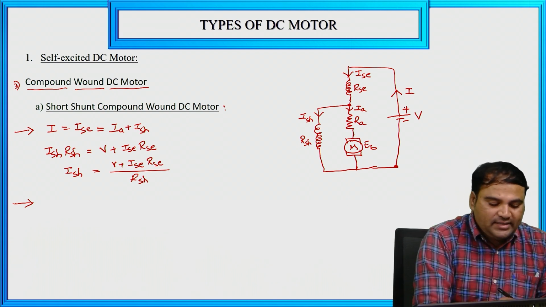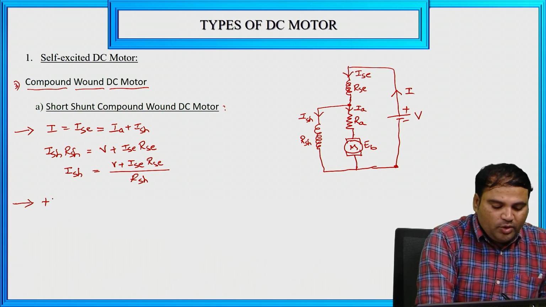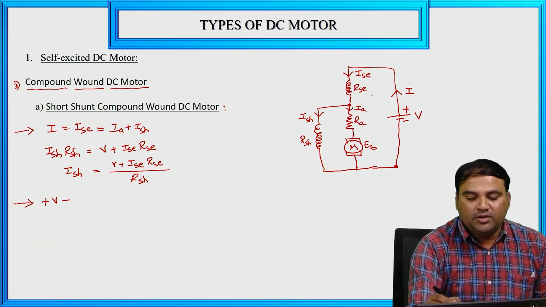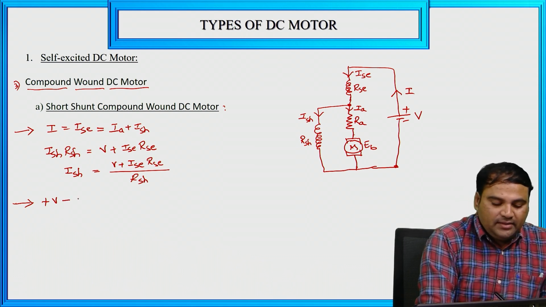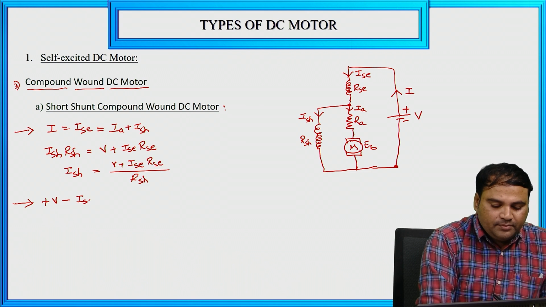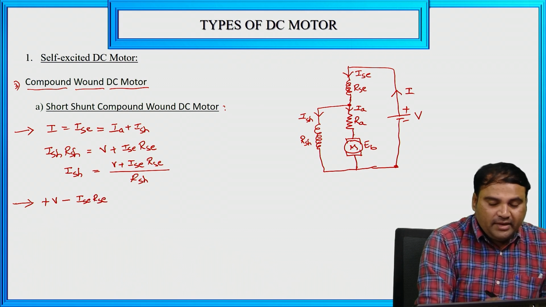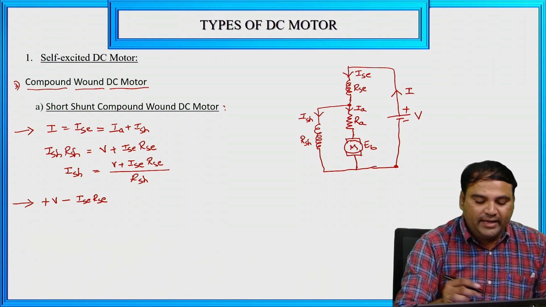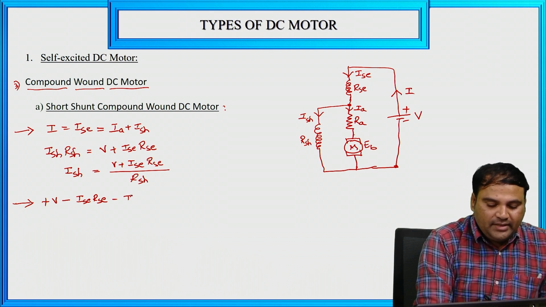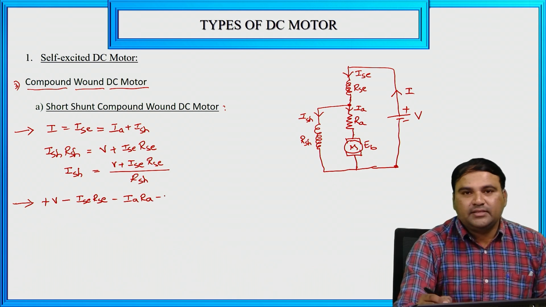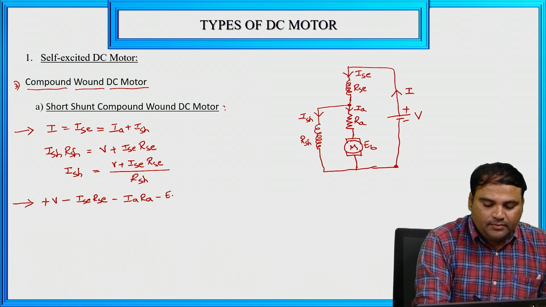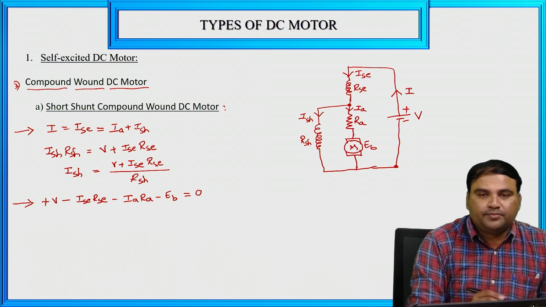Second polarity is plus and voltage is V, minus voltage drop at RSC is ISC RSC, and voltage drop at RA, minus IA RA, minus we are having the EB, equal to 0.